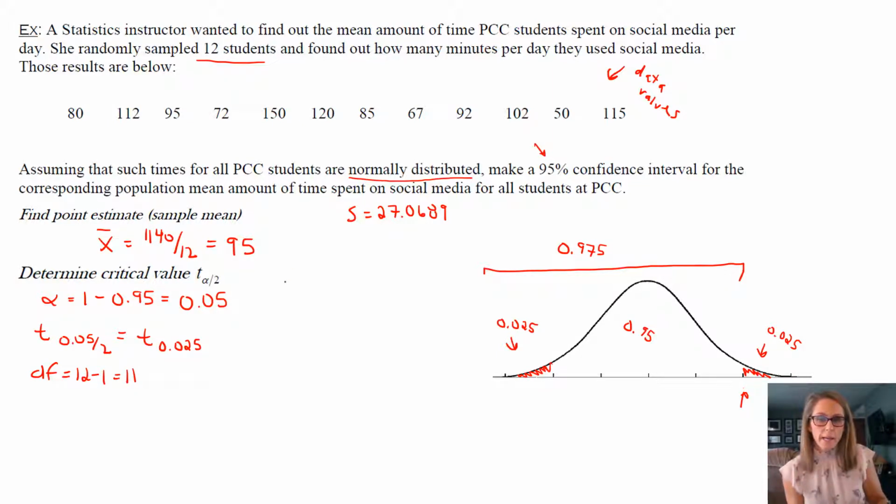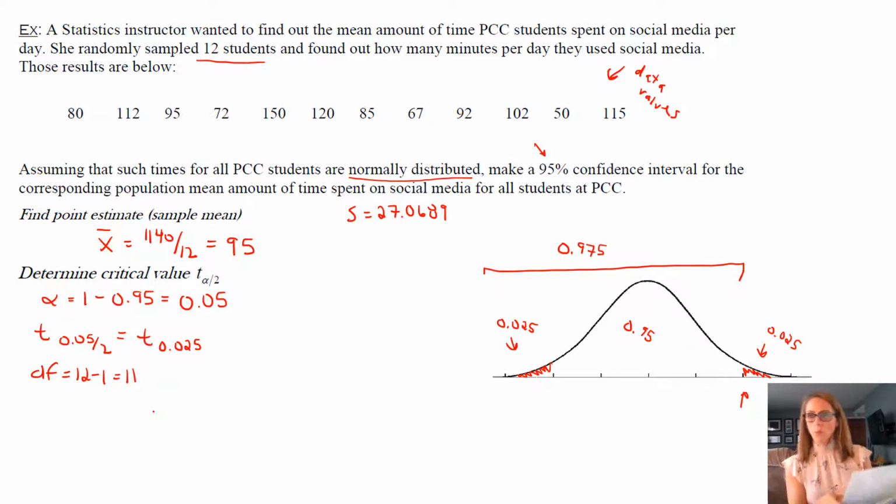So now let's look in our table. So one tail is 0.025. I'm not on the right table. 0.025 in one tail, 0.05 in two tails, and we just have a very low degree of freedom here.